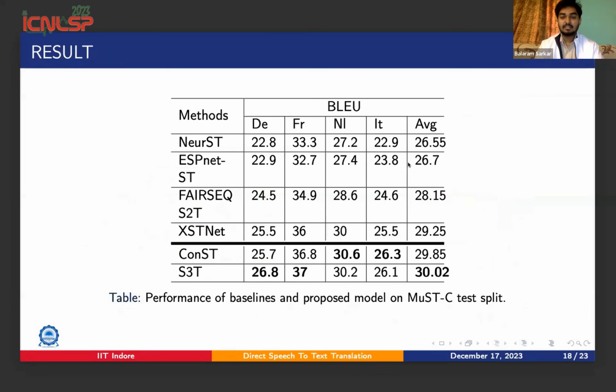And for the second experiment, in combination of both these, the speech to text translation along with the modality gap bridging, we see the baselines of using different models previously.